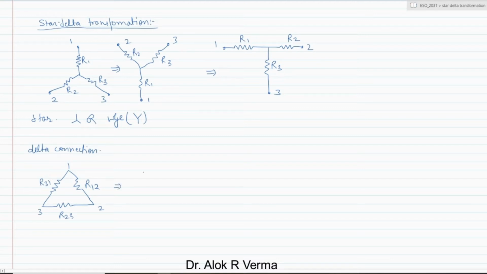Or this can also be represented as a pi network, where 3 can be taken as a common terminal, and we have 1, 2. So R12 is here, this is common 3, so this will be R31, and this is R23.